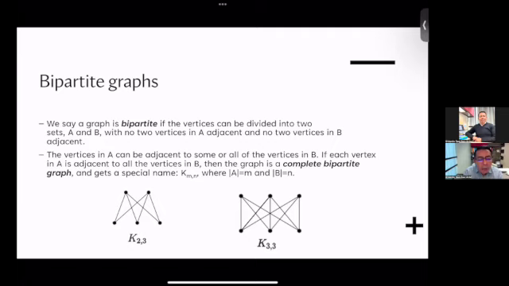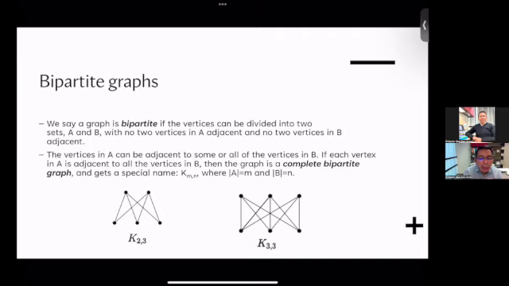But we are going to have a bipartite graph if the vertices of such a graph can be split, divided into two subsets, A and B. And none of the vertices contained in A are connected. There are no edges between them. And the same happens with the vertices that are contained in B. But there are connections, or there could be connections, of course, between nodes which are in A and nodes which are in B.